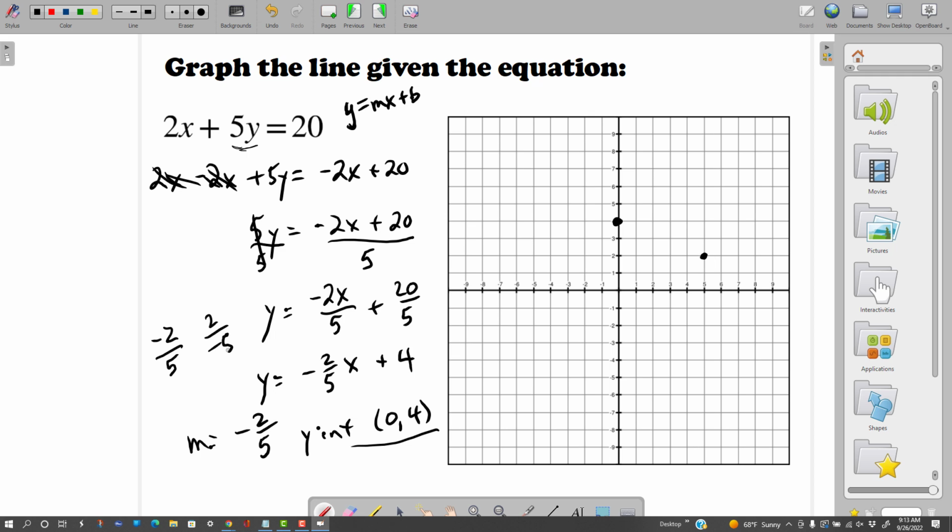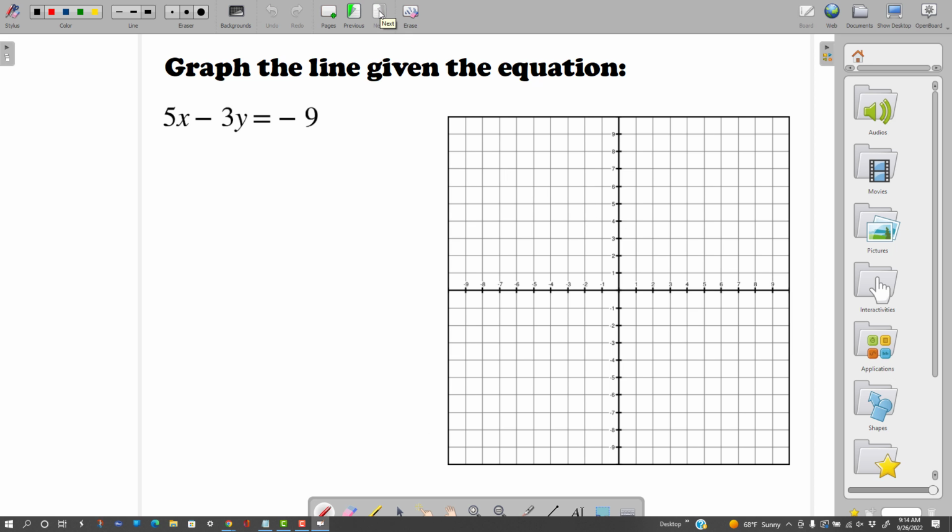If I use 2 over negative 5, I would go up 2 units, back 5, 1, 2, 3, 4, 5. And you can see that those are going to line up. Draw my line through those points, and I get that as my line.